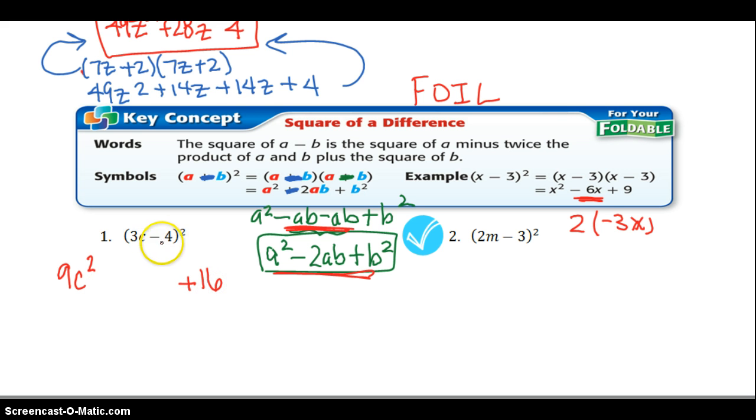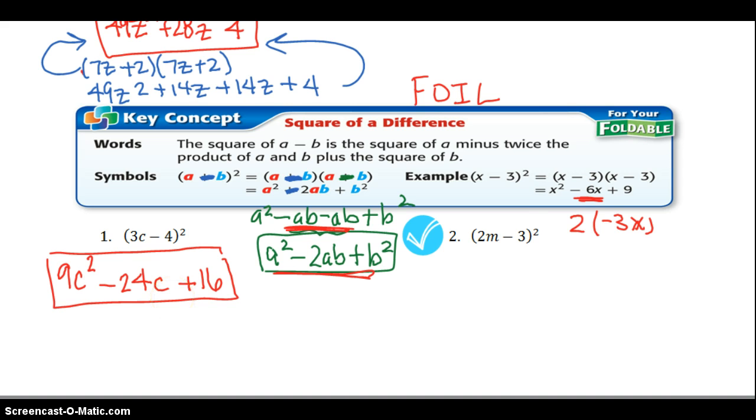And then the middle is going to be negative because I have the product of 3c times negative 4, which is negative 12c. And negative 12c times 2 is going to give me negative 24c. So I'm able to find my final trinomial answer without actually writing out the FOIL method.